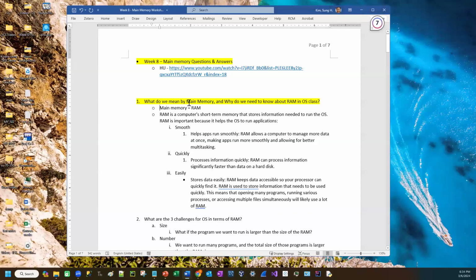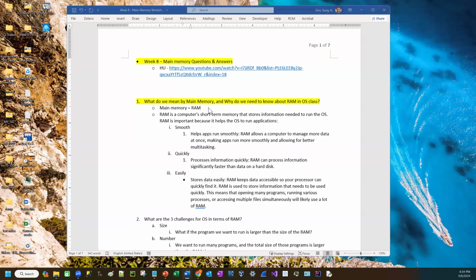So, just to clarify and start off with the context: when we say main memory, what do we mean? We always mean the RAM, at least in this class for operating systems. Some other courses may refer to main memory as a secondary storage like a hard drive or whatever, but let me get rid of this video here so I can have better bandwidth.